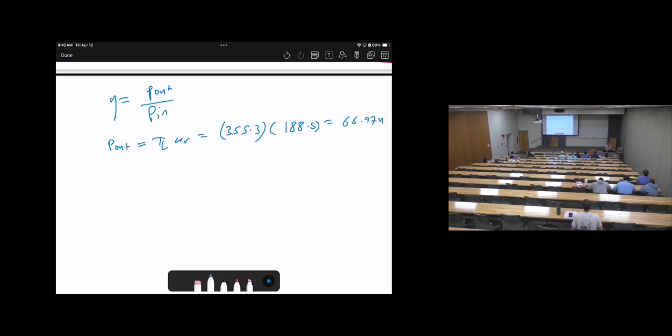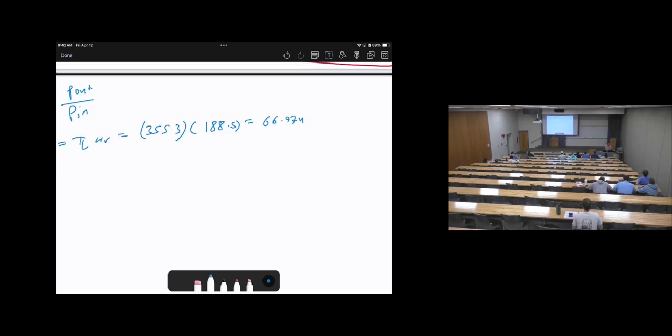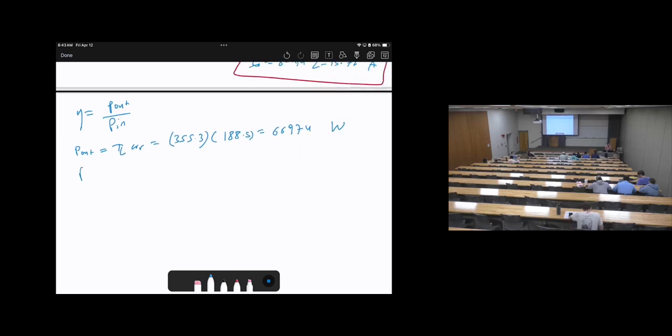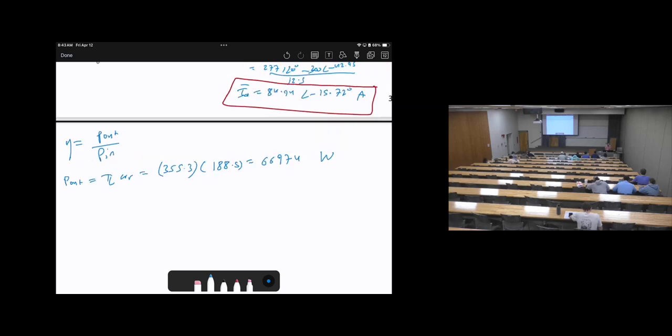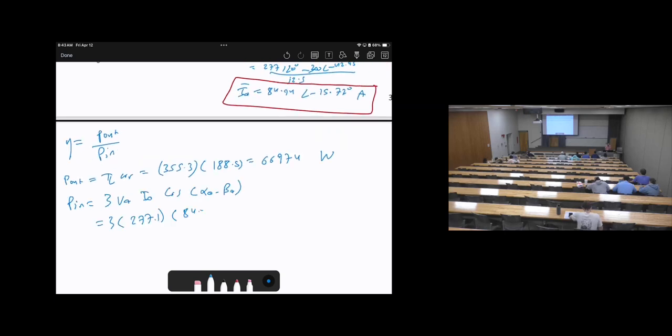Then it will be 66.974 kilowatts, or in other words, let me write it as watts: 66,974 watts. Then how about Pn? According to the equation, Pn is 3 times VA, IA, cosine of alpha A minus beta A. So 3 times VA, 277.1, IA, which we just calculated as 84.94.